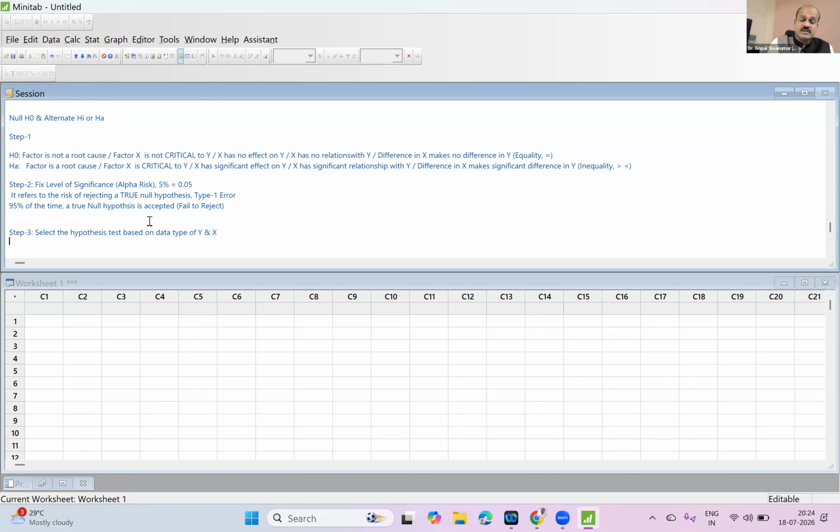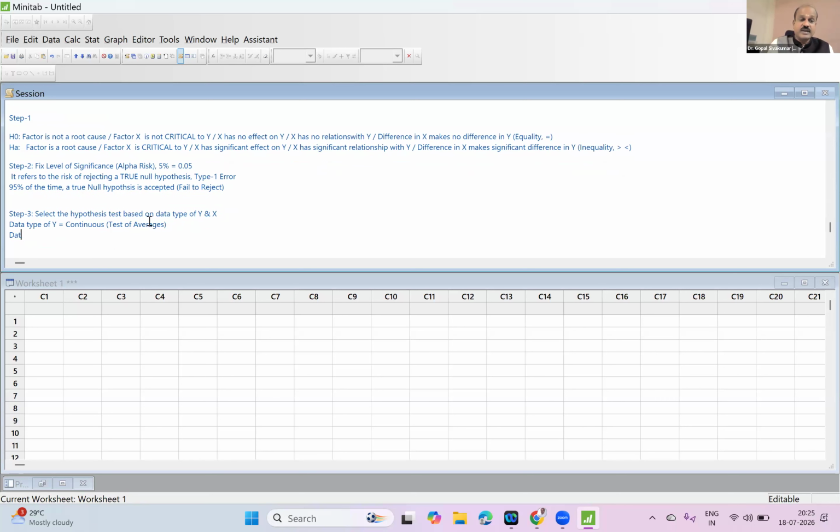If data type of Y is continuous, then you must use something known as test of averages. If data type of Y is discrete, then you have to go for a test of proportions.